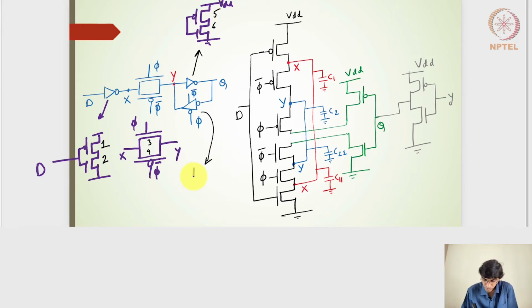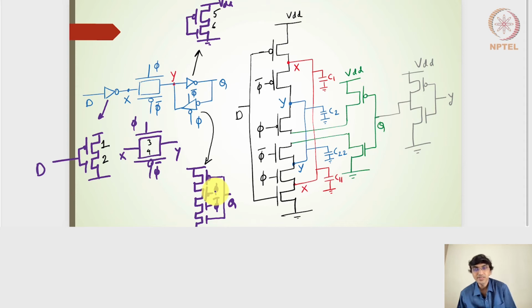There should be 4 such transistors, so I'm going to draw it something like this. And ground, and this is VDD. And this is my Q signal. And this too will be phi bar and phi here. Remember that this tri-state inverter works when the clock is low.